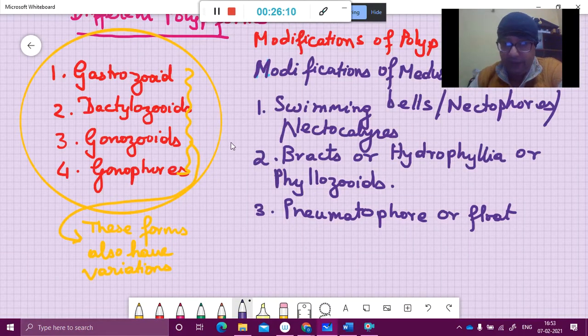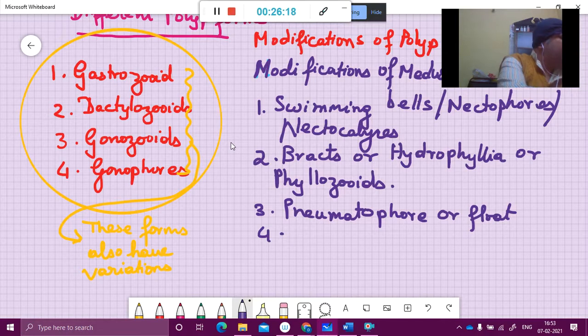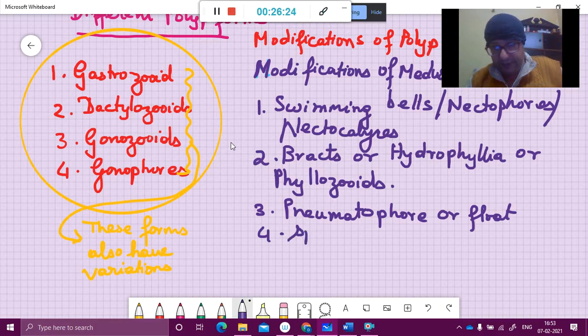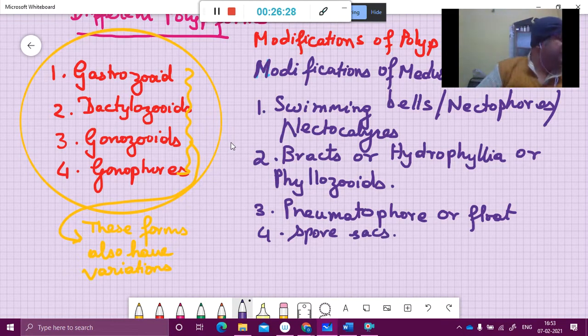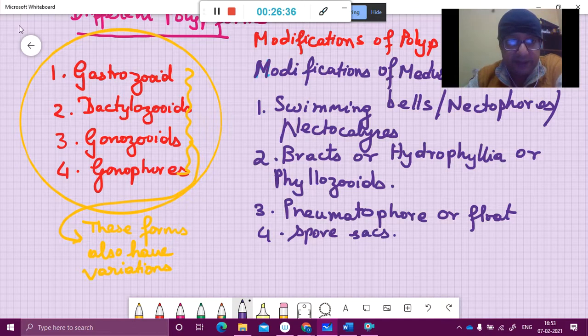And so the next, these are another spore sacs. So these are the different modifications of polyp and medusa which we have discussed.